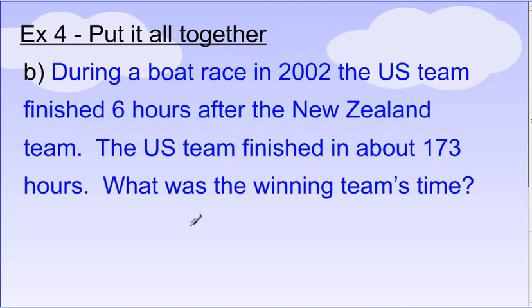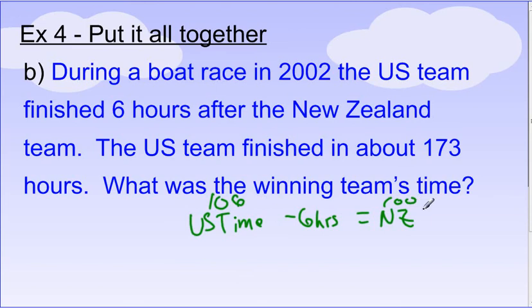How about this? U.S. time minus 6 hours equals New Zealand, right? Because imagine the U.S. time finished in like 106 hours. They finished 6 hours after them, which means they finished in 100 hours. So my little verbal model works out here. This is not the actual times.